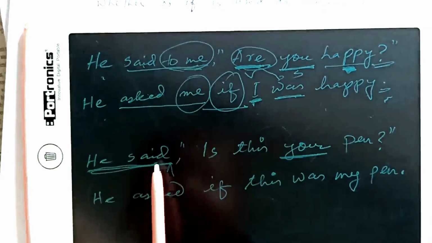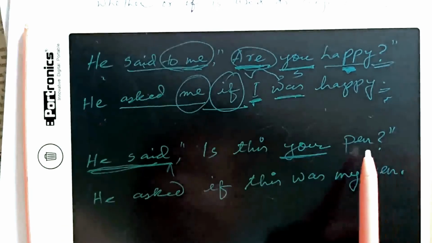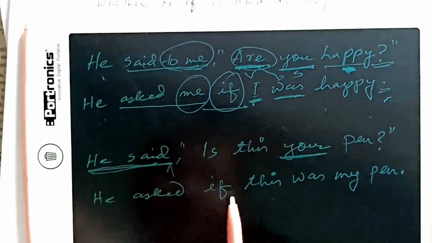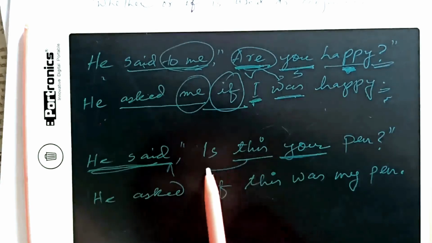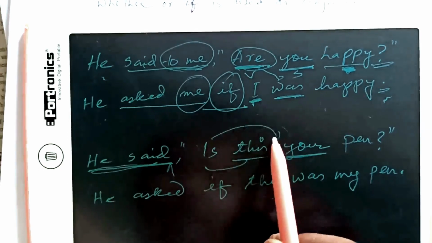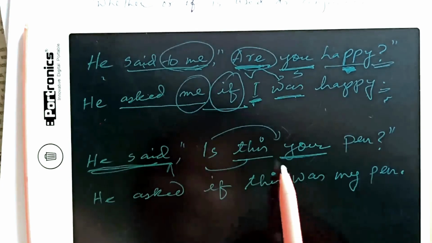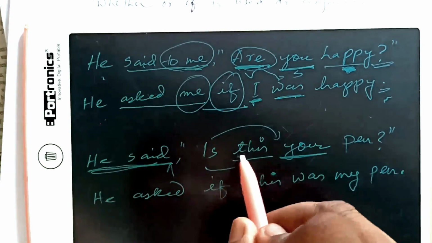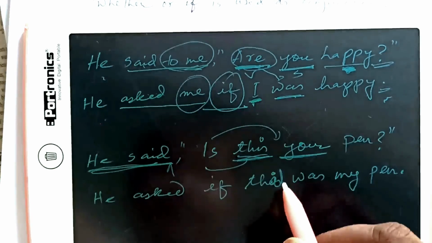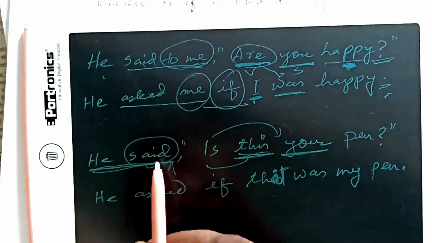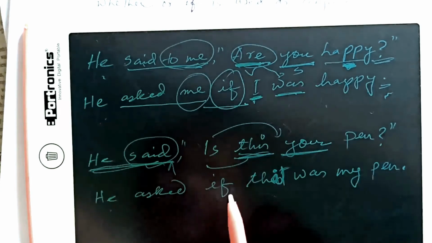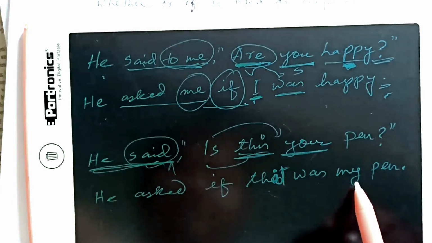So he said, "Is this your pen?" So he asked if this was my pen. So "if" will come first, and then "this" will go here, and this word will change to "that", because our reporting verb is past tense. So he asked if that was my pen.